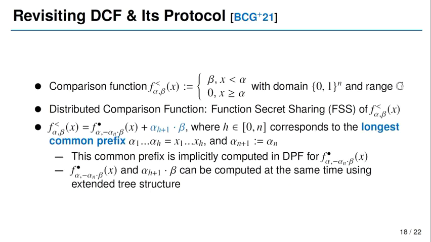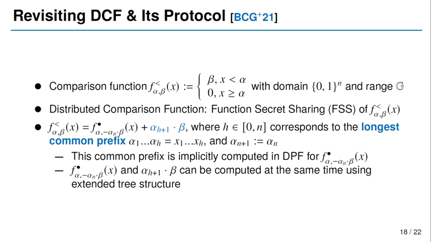And now let's go to the distributed comparison function, which is closely related to the distributed point function. Here, a comparison function f_alpha,beta is also evaluated to beta if the input x is less than alpha. And distributed comparison function is a function secret sharing of f_alpha,beta.